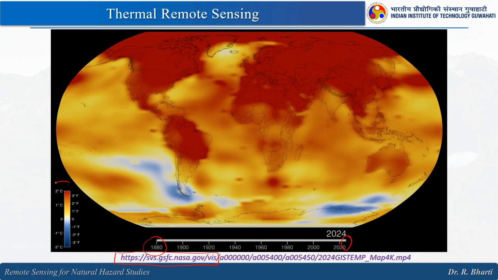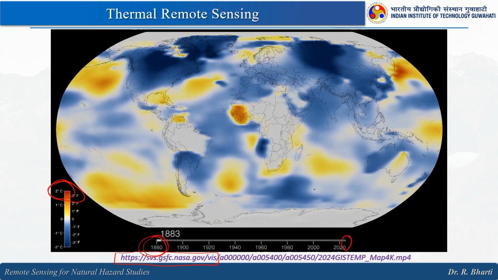Here you see the temperature changes in the order of 2 degrees Celsius maximum, which says that the temperature has changed for our planet since 1980 and the anomaly is in the order of 2 degrees Celsius maximum.